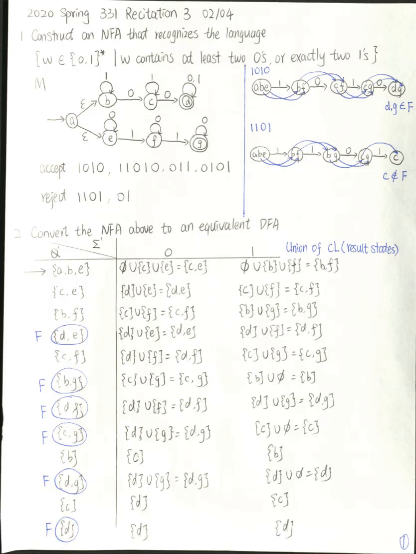So after consuming this string, I can reach D and E, and D is a final state, so I should accept this string. That's why we make any state that contains a final state of the NFA a final state of this DFA.